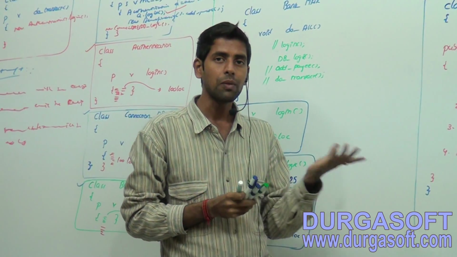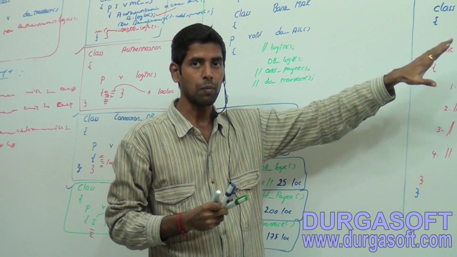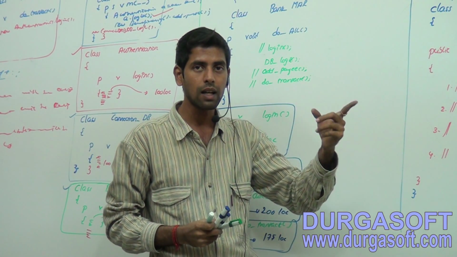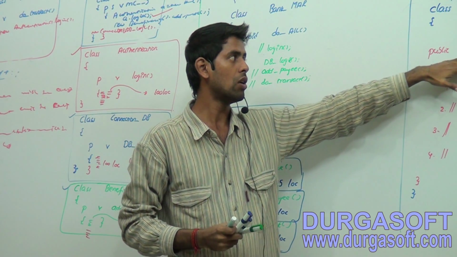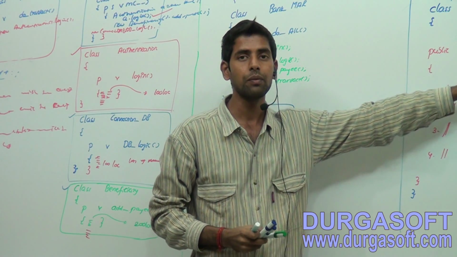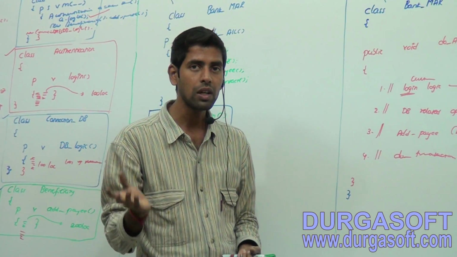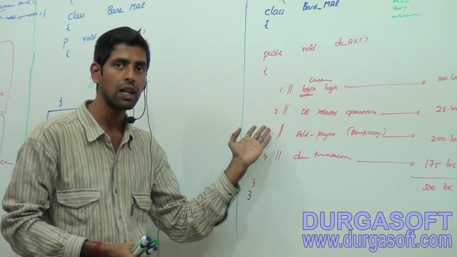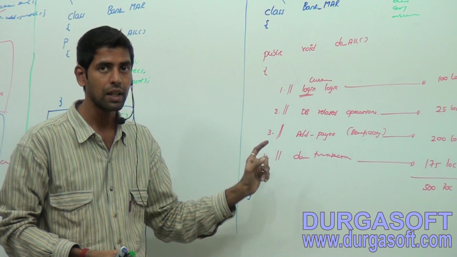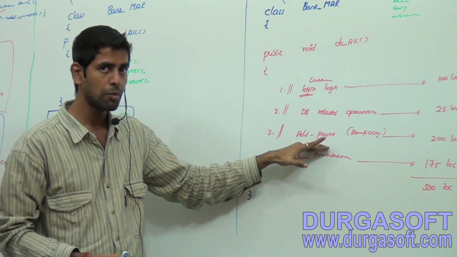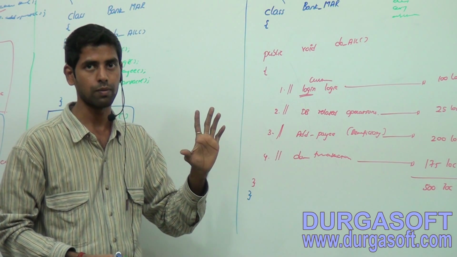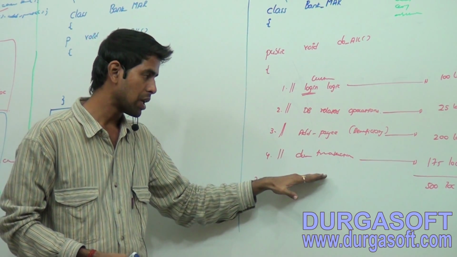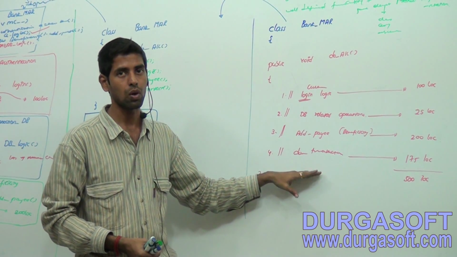Now observe here. Think that we have a class called BankMgr. Within that class we have one method called doAll. Within that method I maintained login logic, database related logic, add payee logic, and even do transaction logic.